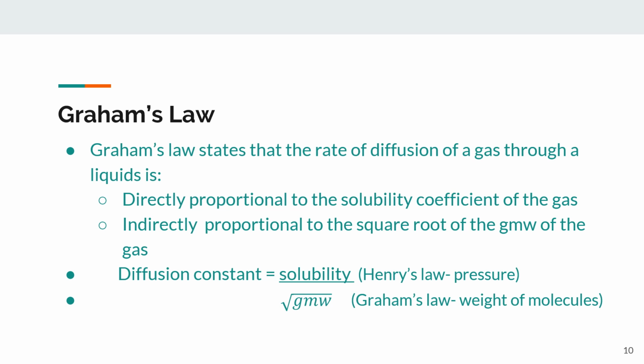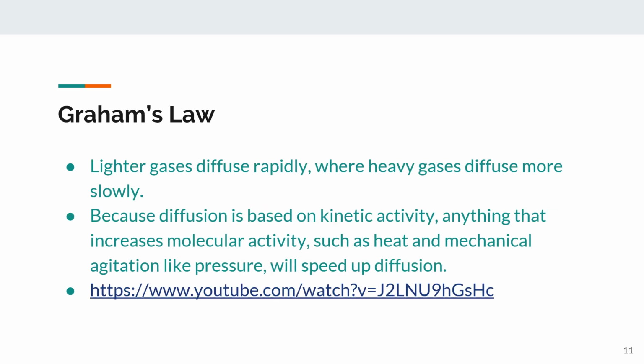Graham's law has to do with the weight of the molecules. So lighter gases diffuse rapidly, whereas heavier gases diffuse more slowly. That makes sense. If you have a lighter gas, something like helium, which has a low molecular weight compared to oxygen, helium diffuses more rapidly. That's Graham's law.